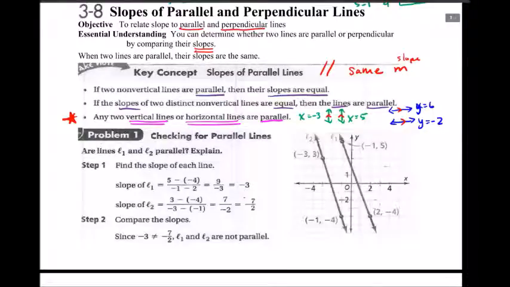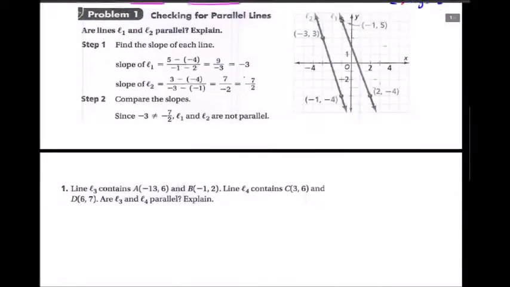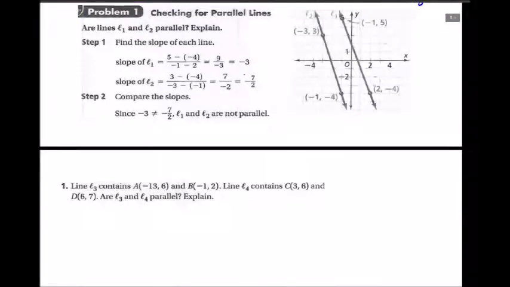All right, let's look at an example. We're going to check if our lines are parallel. Are lines L1 and L2 parallel? Well, I don't know. They look parallel. How are we going to find out? We are going to check their slopes. So I find the slope of L1.